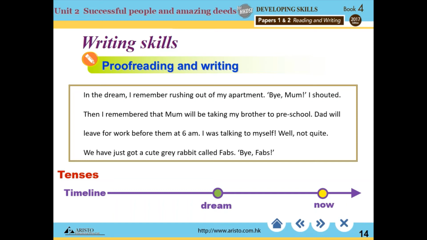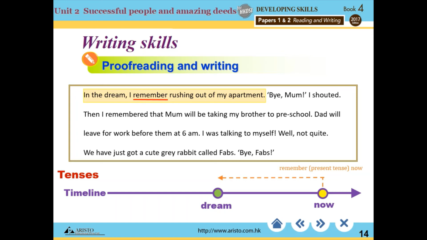So, this time we'll start by looking at the verb in the first sentence. The verb remember here is describing what the narrator, or I, remembers doing from the present moment. So it is correct to use the present tense for this verb.